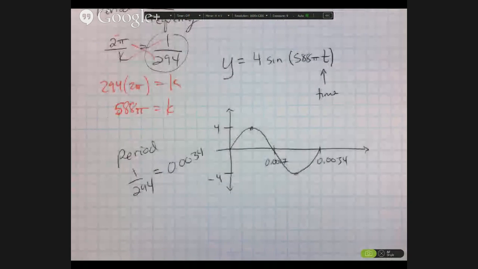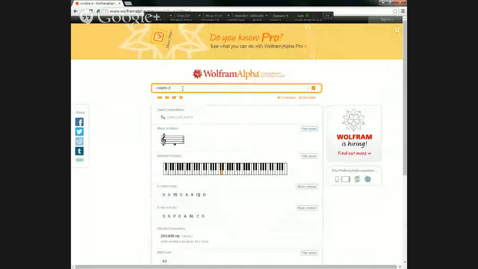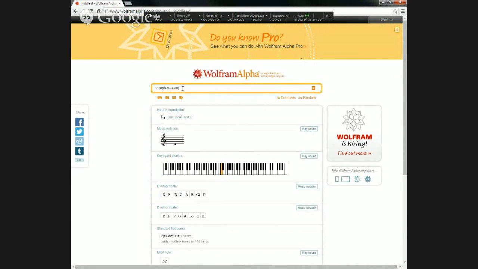Now what I suggest is graph y equals 4 sine 588 times 3.14 x.